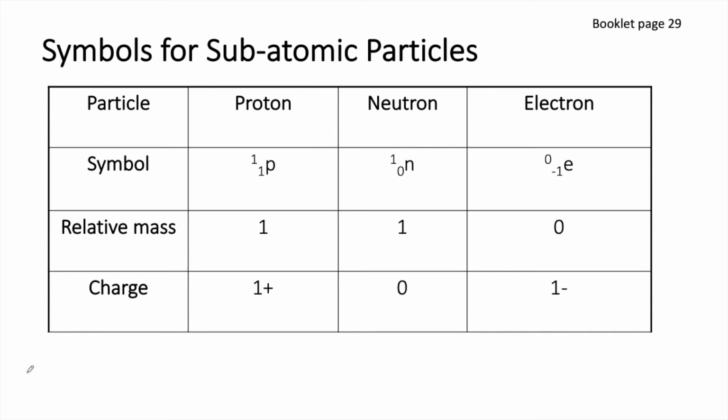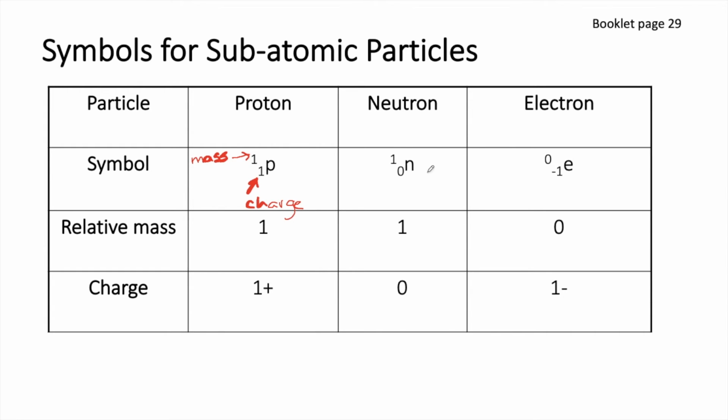Protons have a charge of +1 and a relative mass of 1. They are represented by the letter P, and the number on top represents their mass, and the number on the bottom represents their charge.